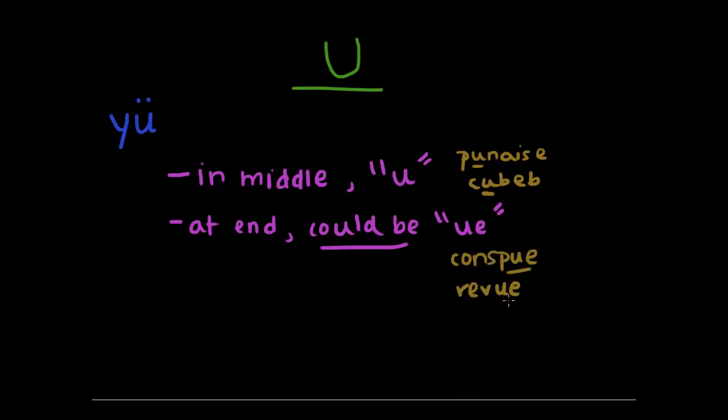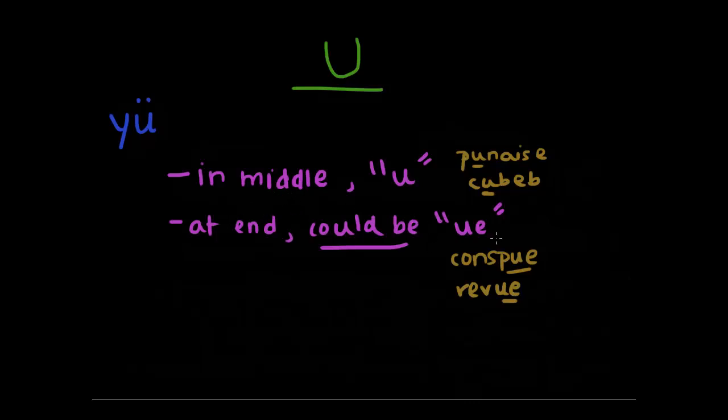So what I would say here is if it's in the middle of the word or at the beginning and you have no idea, you should go with the U no matter what. If it's at the end, think about it twice. It could be a UE, and I think most of the time it will. If it's just a U at the end, it's probably going to be pronounced as the example we saw earlier with the U and E squished together with the line over it, the U sound rather than the U sound.